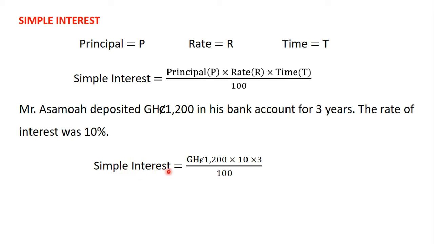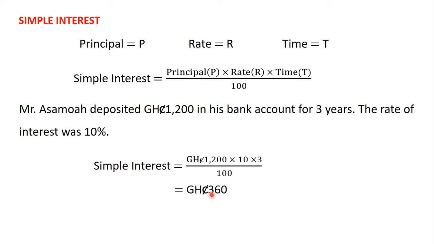So simple interest is equal to the principal, which is 1,200 cedis, times the rate. Now here we are using 10 because we have 100 here, which indicates that 10 is already a percentage, and the time is 3 years. So the simple interest is equal to the principal, which is 1,200 cedis, times the rate, which is 10, times the time divided by 100.